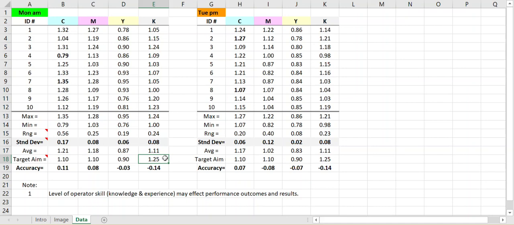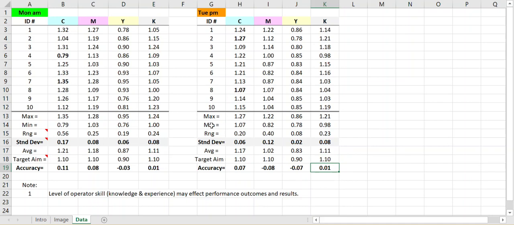So if I compare 111 to 125, I'm 14 points light. But if I change this to 110, knowing it's going to dry back 15 points, my accuracy now is only off by 1 point. So I think I'll do that here because we know that that's going to happen. Okay.